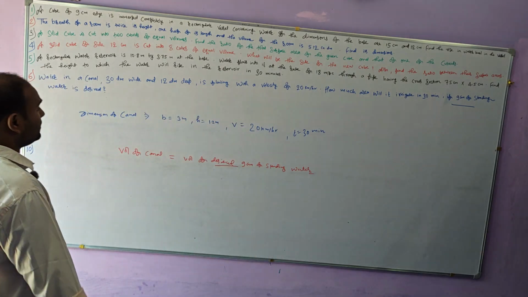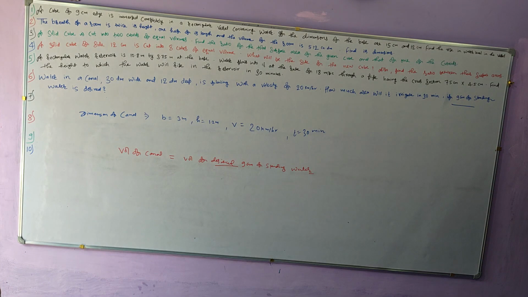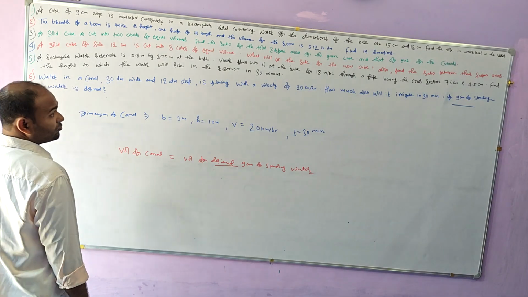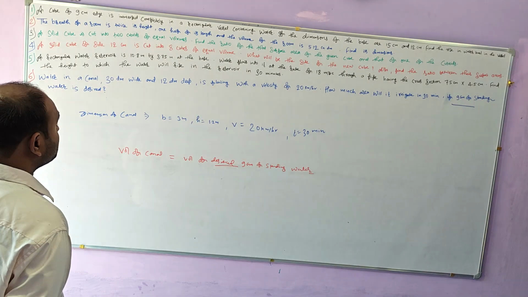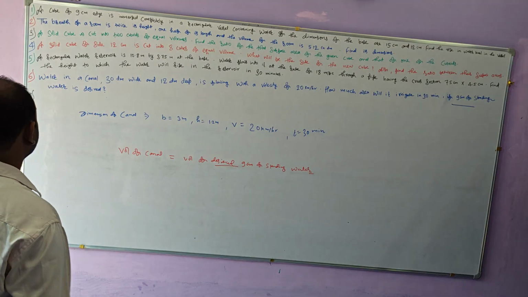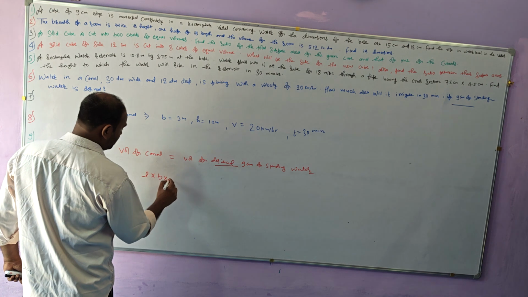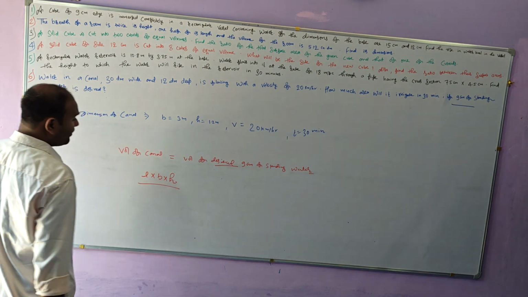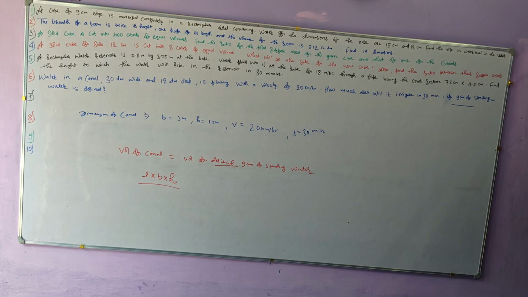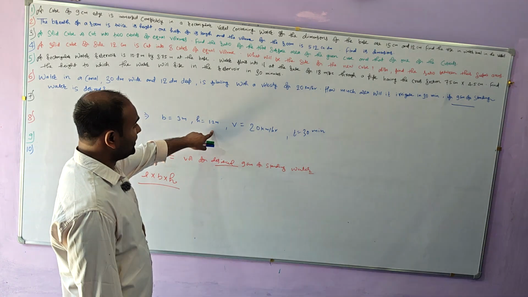So what is the volume of canal? L into B into H. So we have the dimensions 3 meter, 1.2 meter.